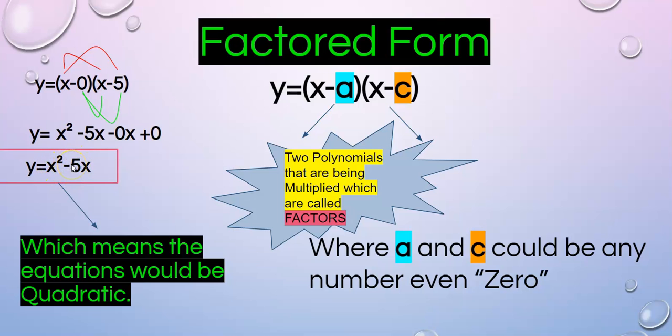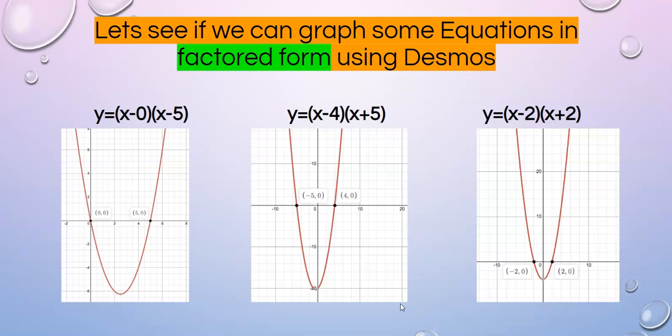And we've learned in previous lessons that anything that has a degree of 2 makes it quadratic, to where it looks like a parabola if I were to graph it. Okay, so let's continue on this lesson. So let's see if we can graph some equations in factored form using Desmos.